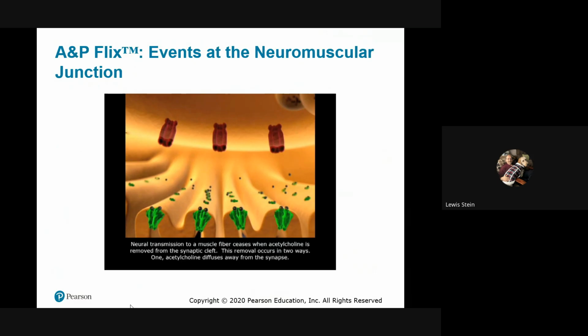Neurotransmission to a muscle fiber ceases when acetylcholine is removed from the synaptic cleft. This removal occurs in 2 ways. 1. Acetylcholine diffuses away from the synapse. 2. Acetylcholine is broken down by the enzyme acetylcholinesterase to acetic acid and choline. Choline is then transported into the axon terminal for the resynthesis of acetylcholine. That's the reuptake.